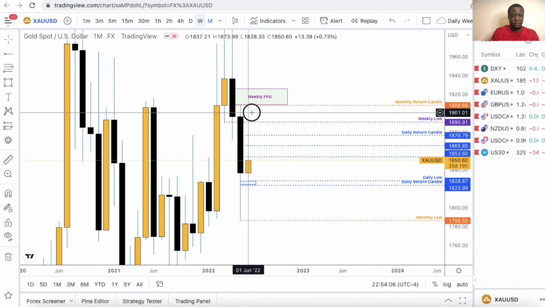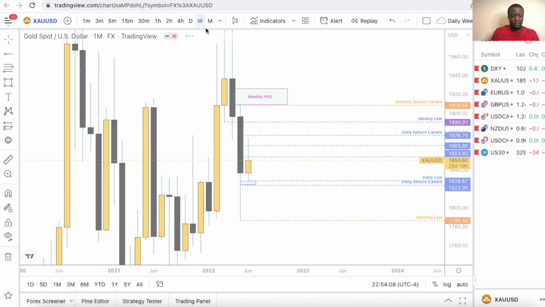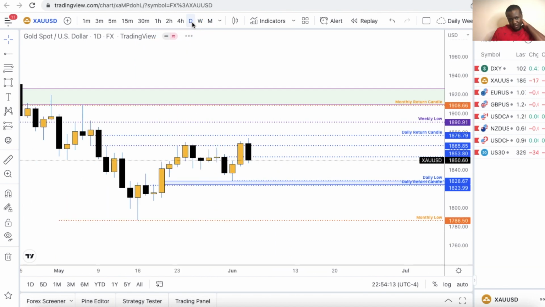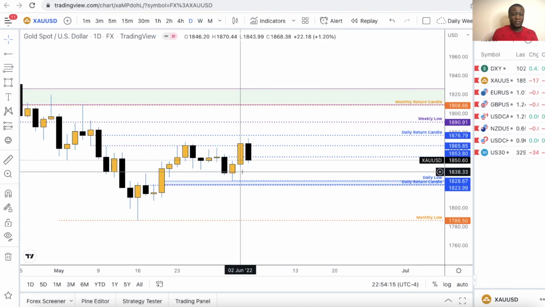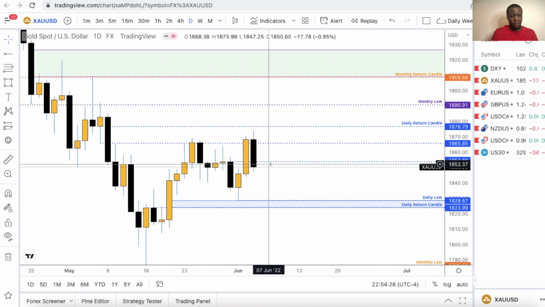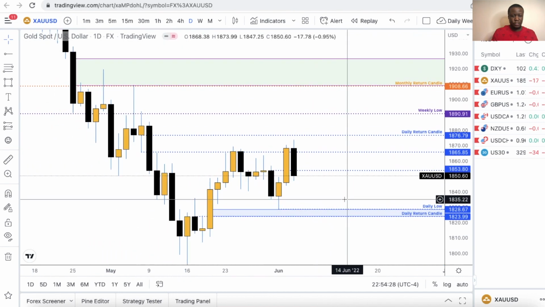So for right now, these are the major key levels you want to look for the market to be heading. In the long term, we got the monthly. The short term, we got the weekly. And in the daily, we got obviously the daily. That's how you can break down the market. So all right, let's get to market structure and how to know which direction you want to be trading in.